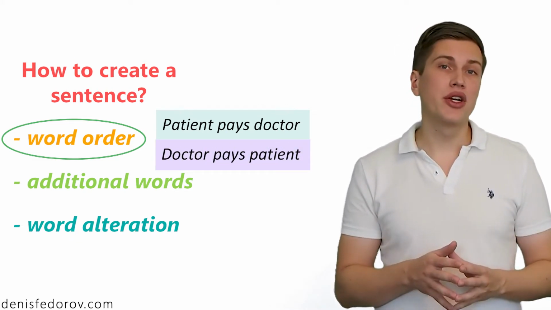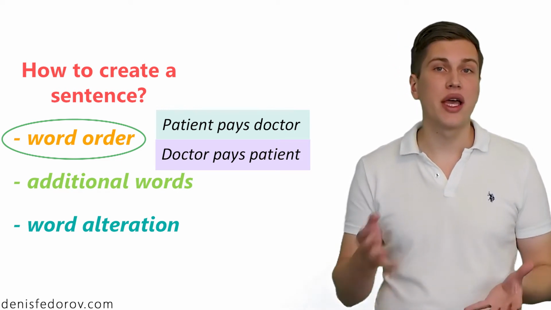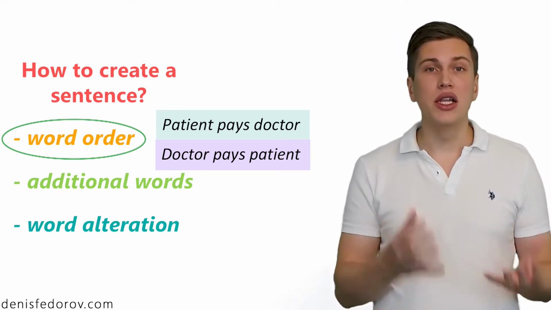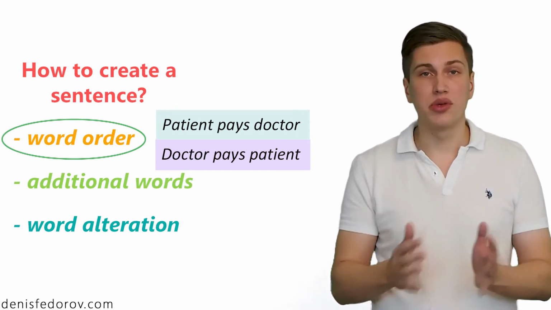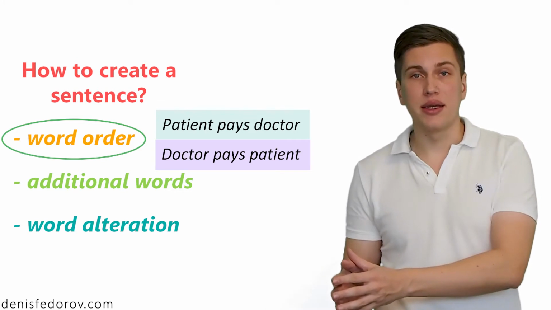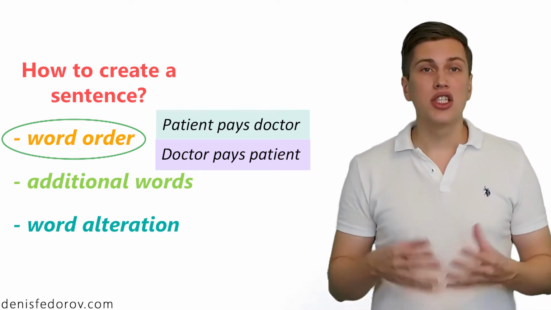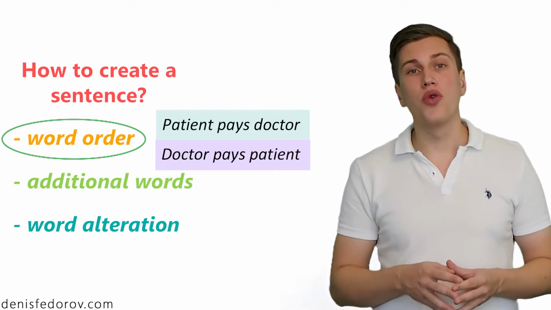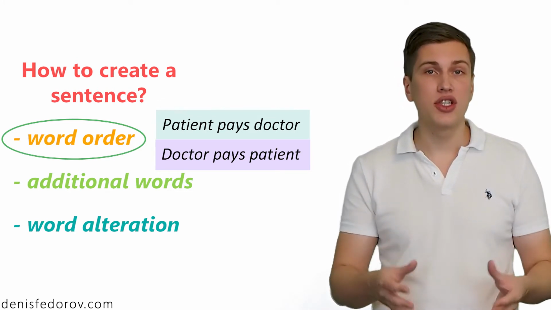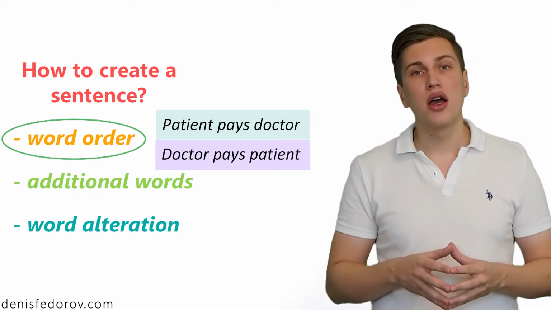For an English speaker, this way to position words seems obvious, but in other languages, and Russian is one of them, literally, if to translate word by word, patient pays doctor and doctor pays patient can mean exactly the same. So in Russian, we can use both these word orders to convey exactly the same thought.